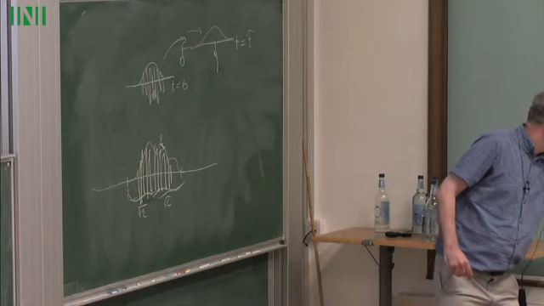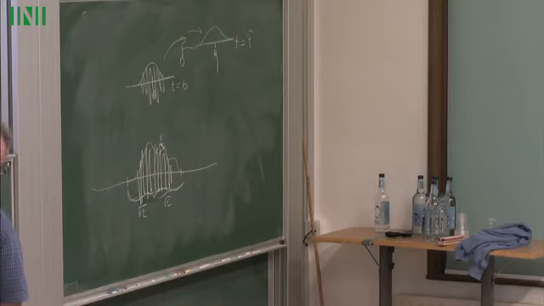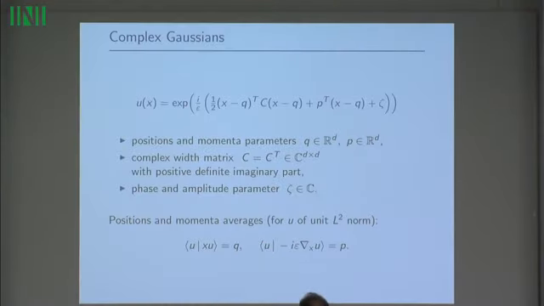Is that what you do? Well, this is our Gaussian. Of course, the Gaussian has the 1 over epsilon, or i over epsilon, in the exponent. But what I solve for in the end is for the parameters Q, P, and I want to use this complex width matrix C, but I will use it in this factorized form, and I will solve it for the P and the Q.